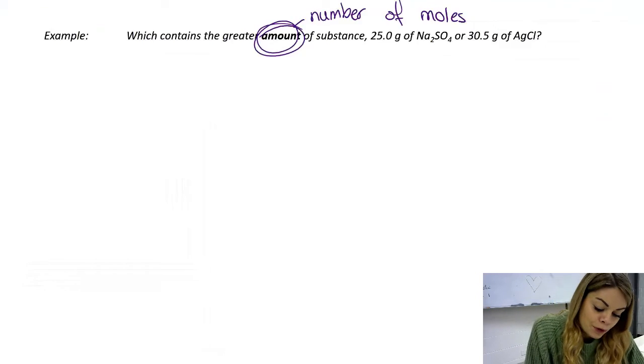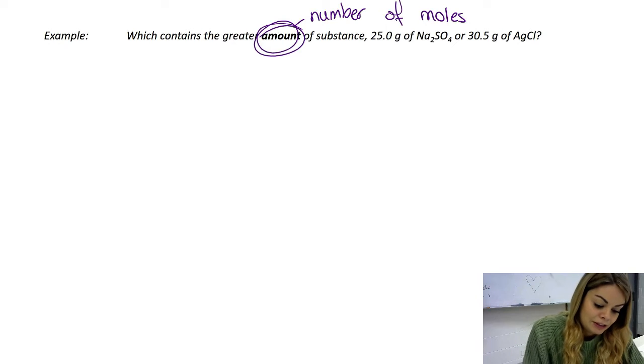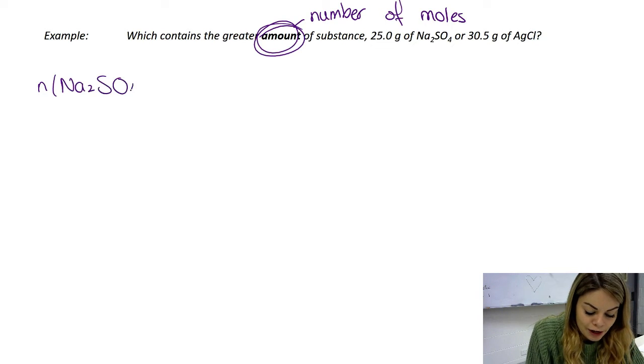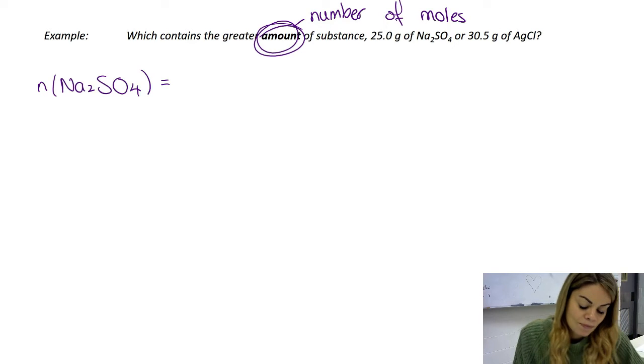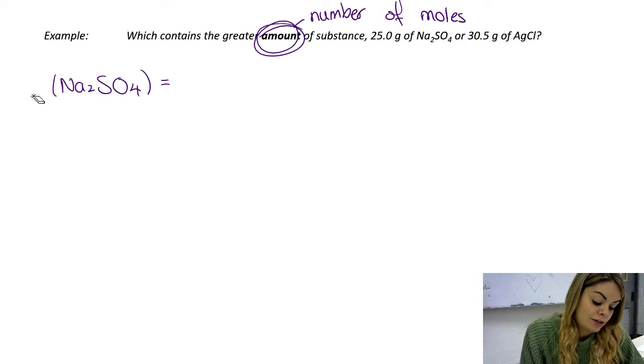So, what is the number of moles of sodium sulfate? It's going to be the mass divided by the molar mass. So I might actually, now don't be cross, but I'm going to calculate the molar mass first. You've probably written that in pen already and now you're shouting at me.